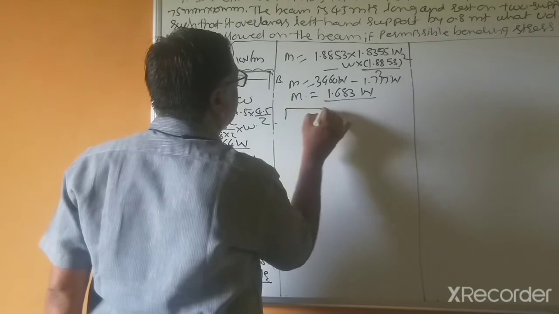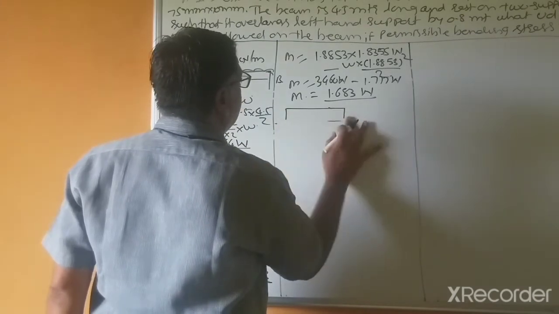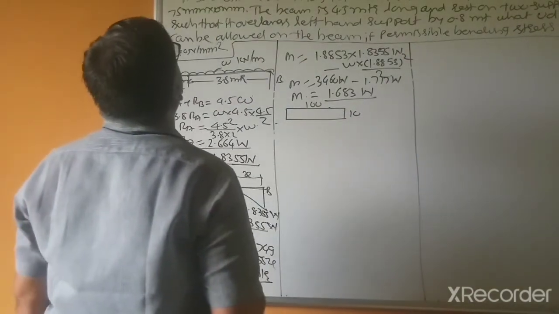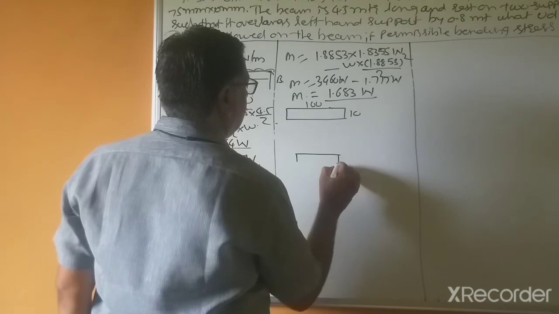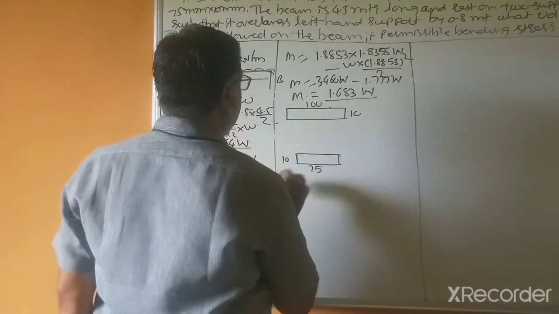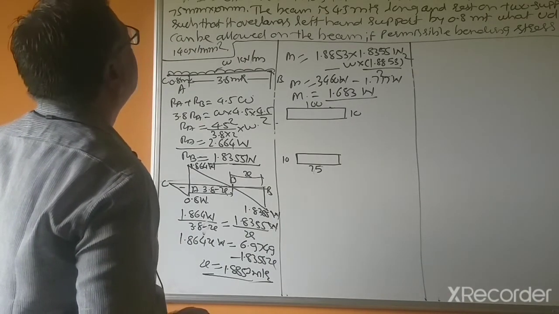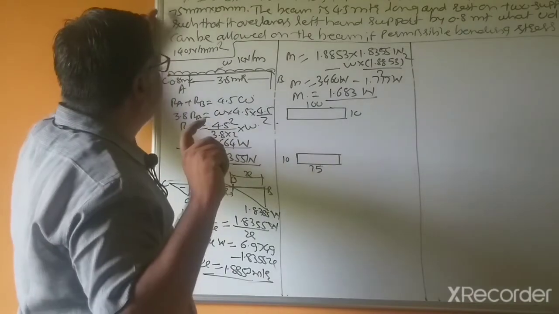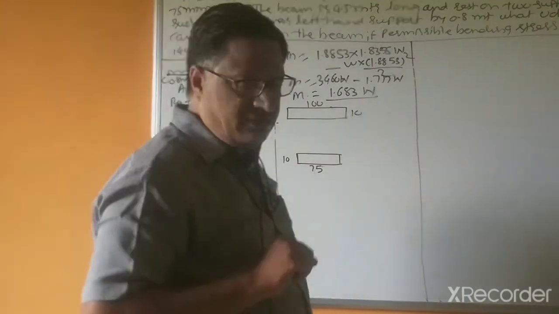Top flange is 100 by 10 mm, bottom flange 75 by 10 mm, and the web. Here are the bottom flange and axis, top flange 100, bottom flange 75 by 10. So data is missing, because we require the web.